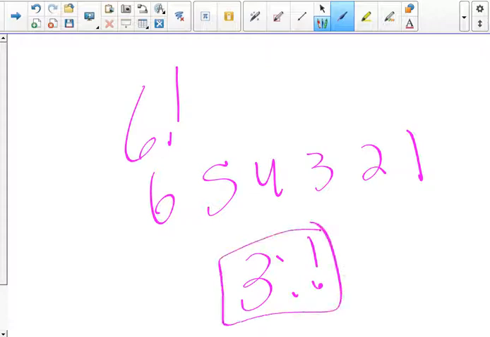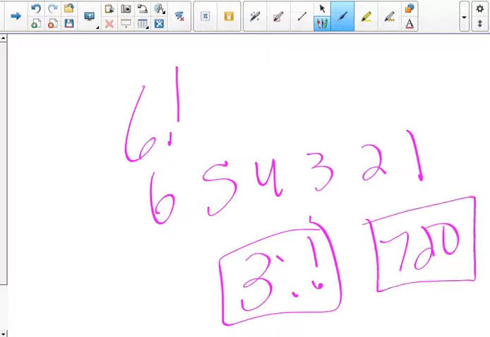That should be highlighted now, and press enter, and press enter one more time, and it will give you 720. So that's how you do your factorials on the calculator. So these are things we did last week, and then we worked 3, 4, 5 like that.